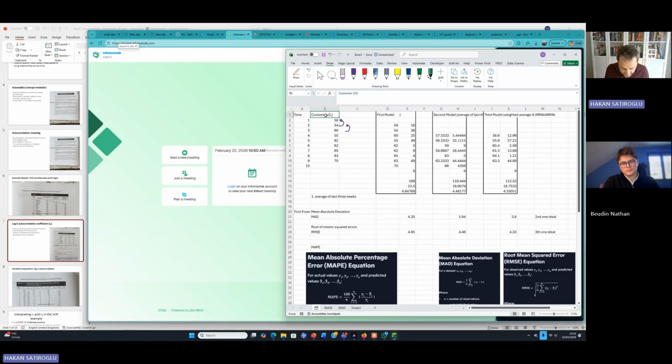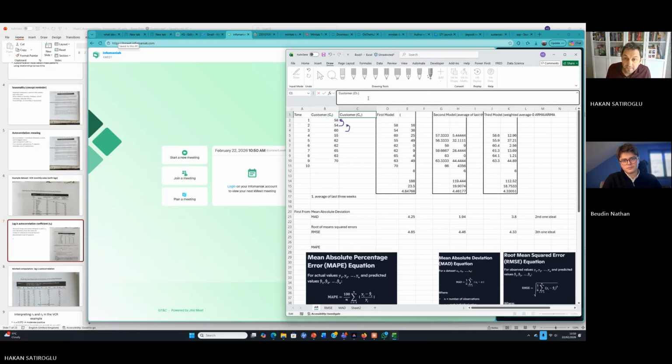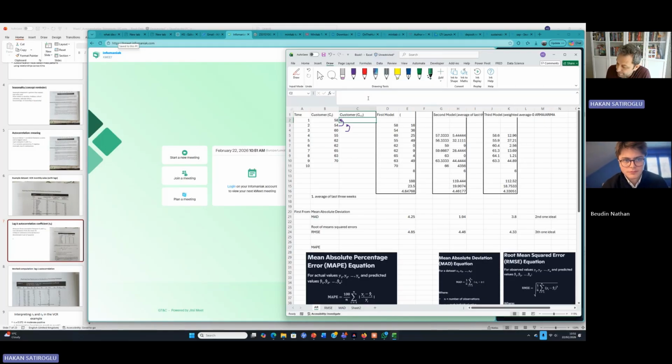Then if you take 1 minus, it means lack of the data. It means checking one previous and the next one against each other. So let me write here 58, 54, 60.